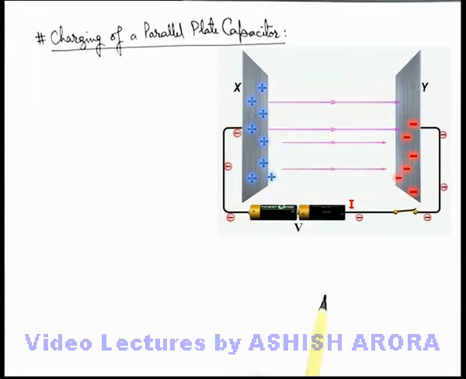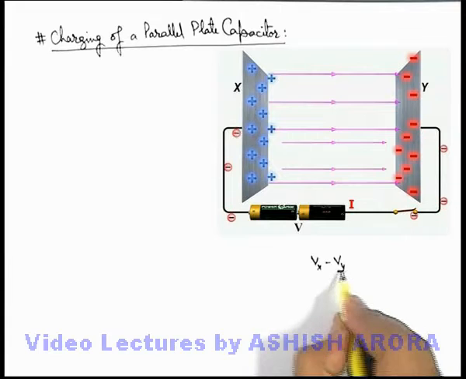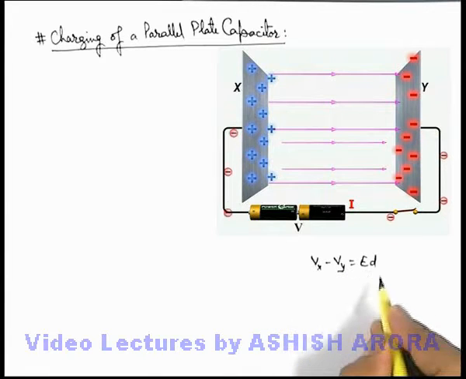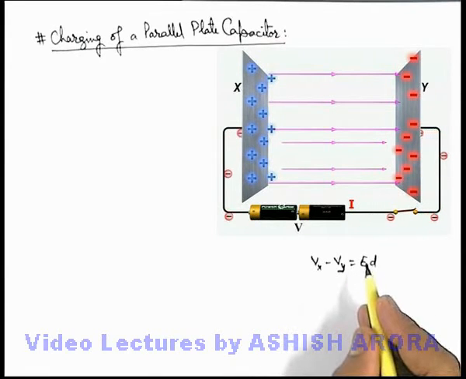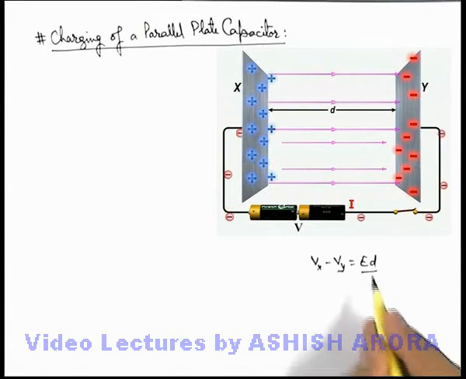And in this situation, as the charges are accumulated on plates X and Y, gradually here you can see that the electric field is also increasing between the plates, and continuously the electric field will increase till the potential difference between plates X and Y, which we can write as Vx minus Vy, is equal to Ed, because between two large parallel plates the electric field is uniform, and as the plate separation is d, the potential difference is Ed.